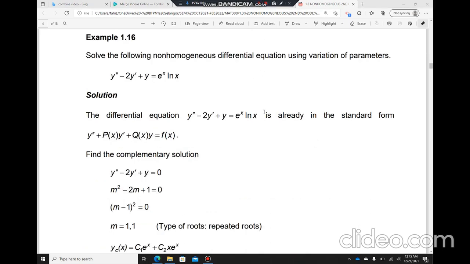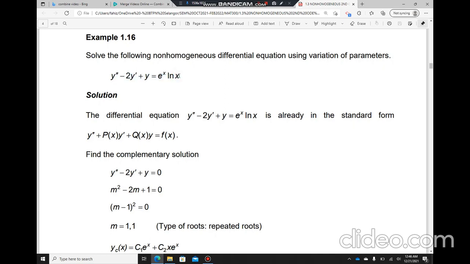Okay, so let's discuss example 1.16. Solve the following non-homogeneous differential equation using variation of parameters. So kita nak solvekan non-homogeneous using variation of parameters. If you can see here from our question, y double prime minus 2y prime plus y equals to e^x ln x. So kalau awak tengok dalam undetermined coefficient, function exponent dia ada formula dalam table, tapi ln x dia tak ada formula.